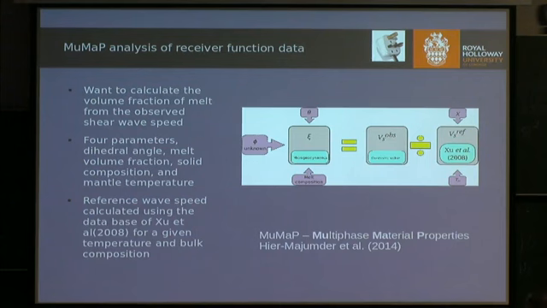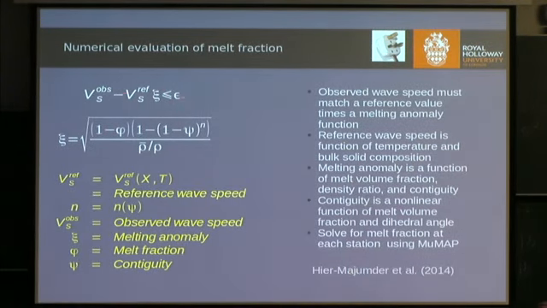So the way we go about that is we say, well, this Vs observed minus Vs reference times this melting anomaly should be less than some sort of cutoff value. And this melting anomaly function is this relatively benign looking thing where phi is the melt fraction, psi is the contiguity, except for the fact this exponent n here is a function of psi as well.